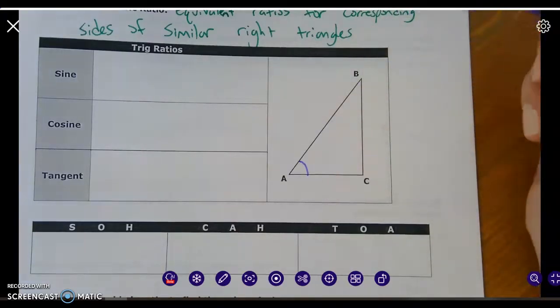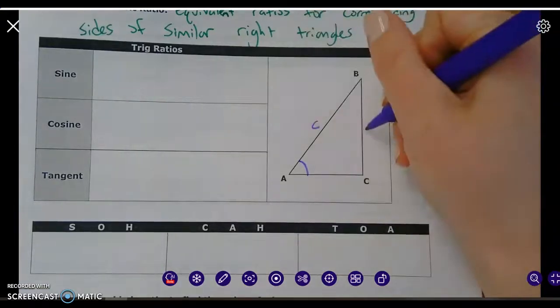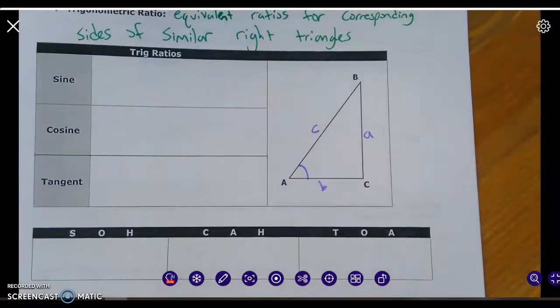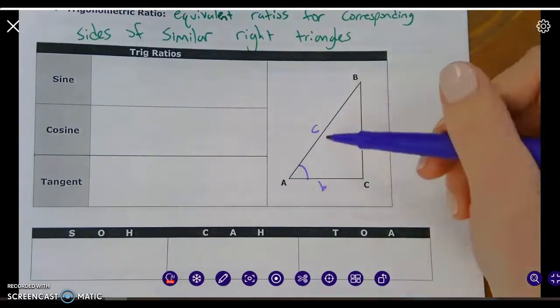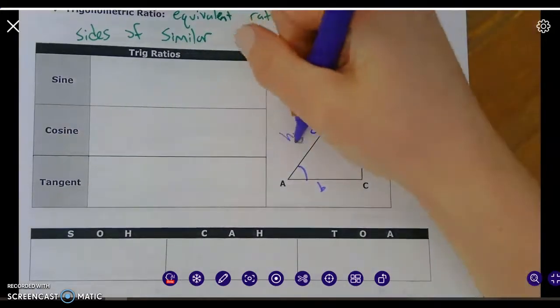A to B. Okay, actually, let's put some lowercase letters. Call this C, A, and B. I just named them from the large letter and went across and used lowercase. So C is our hypotenuse.